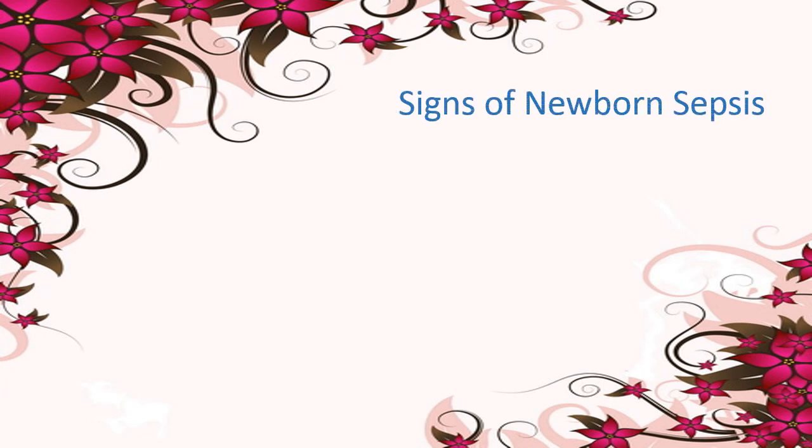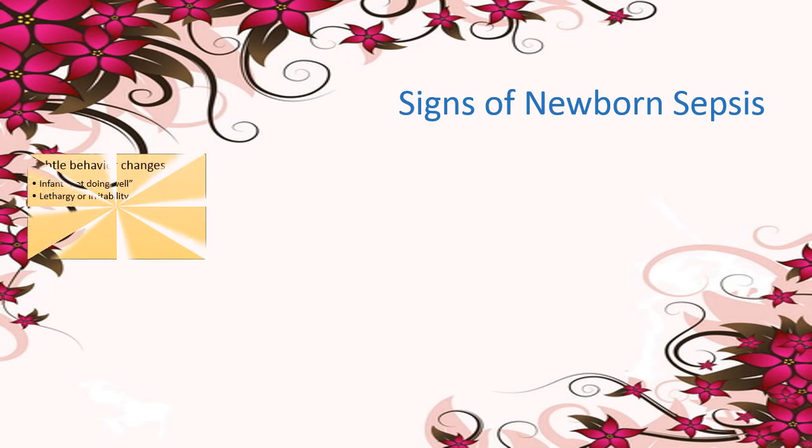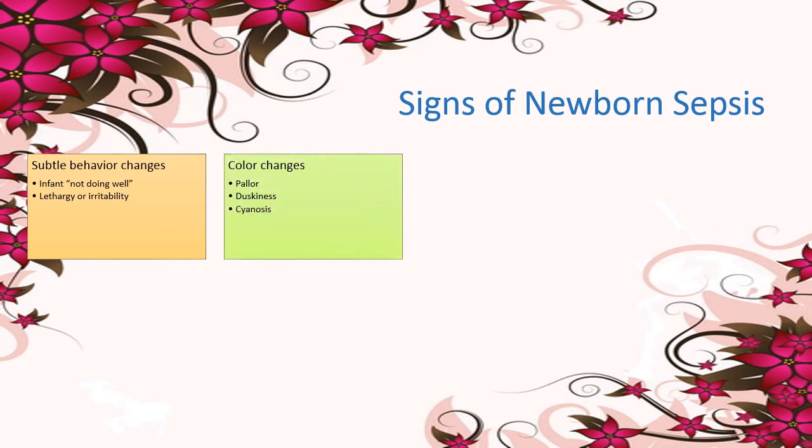Let's talk a little bit about sepsis and the signs in a newborn of sepsis. They could have subtle behavior changes, such as the infant per se not doing well. They can have lethargy or irritability. They may have color changes, like they may appear pallor or duskiness or cyanotic.